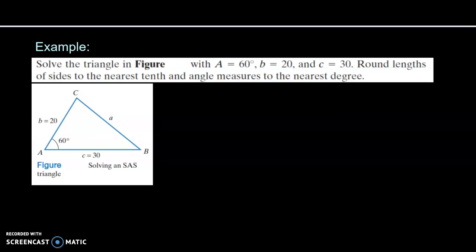Here we have a triangle where we know the angle A is 60, the length of B is 20, and the length of C is 30.